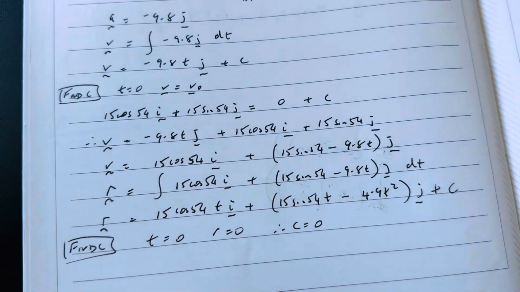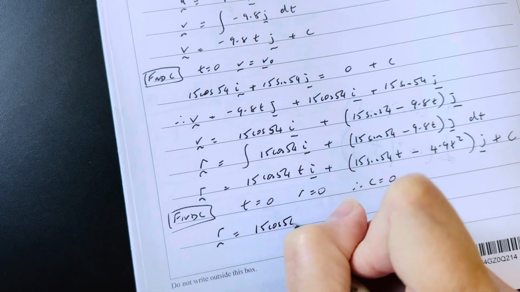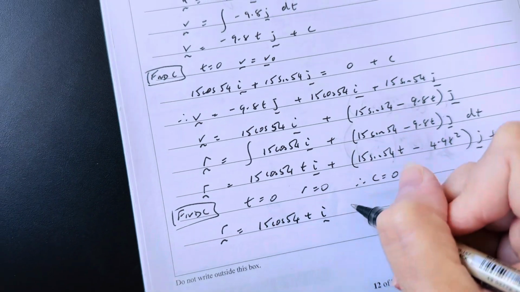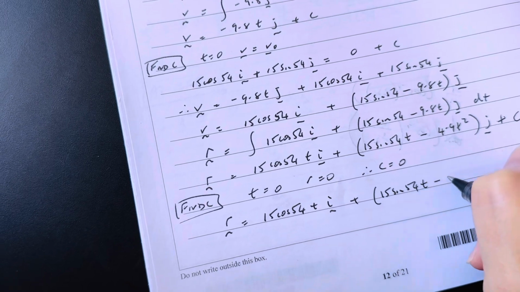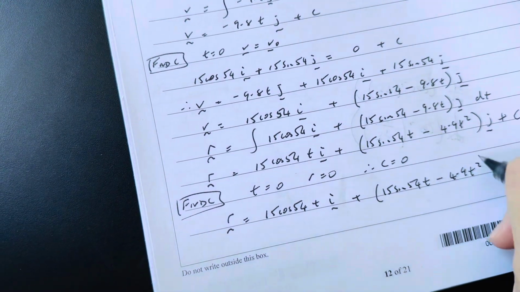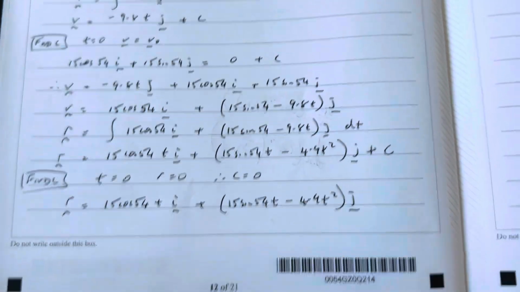So we now have r equals 15 cos 54 t i plus (15 sine 54 t minus 4.9t squared) j, our position vector.